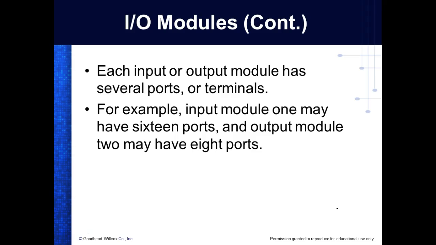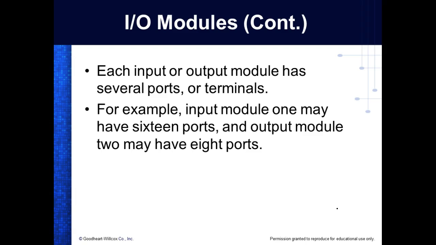Each input and output module has several ports or terminals. For example, input modules, one may be 16, output module may be 8, so they don't have to be the same. The 504 that we have up here has 16 inputs and 16 outputs on both the modules.